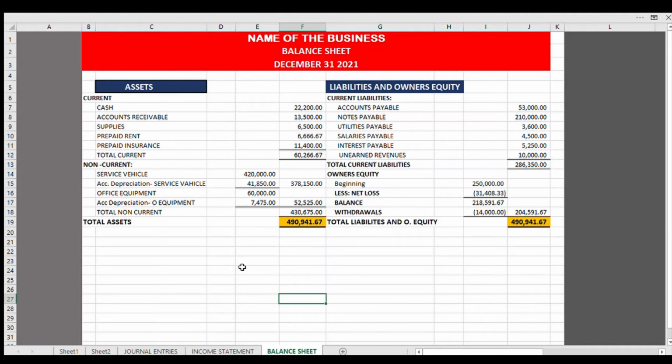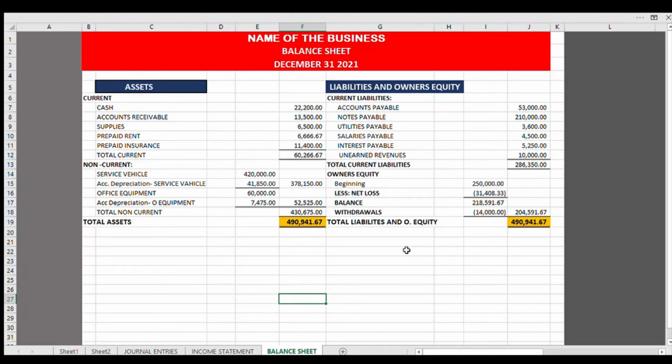Then you can now clearly see that the balances are properly placed, no? The debit side indicates 490,941.67 for the total assets, and the credit side will show you 490,941.67. So it is now balanced.